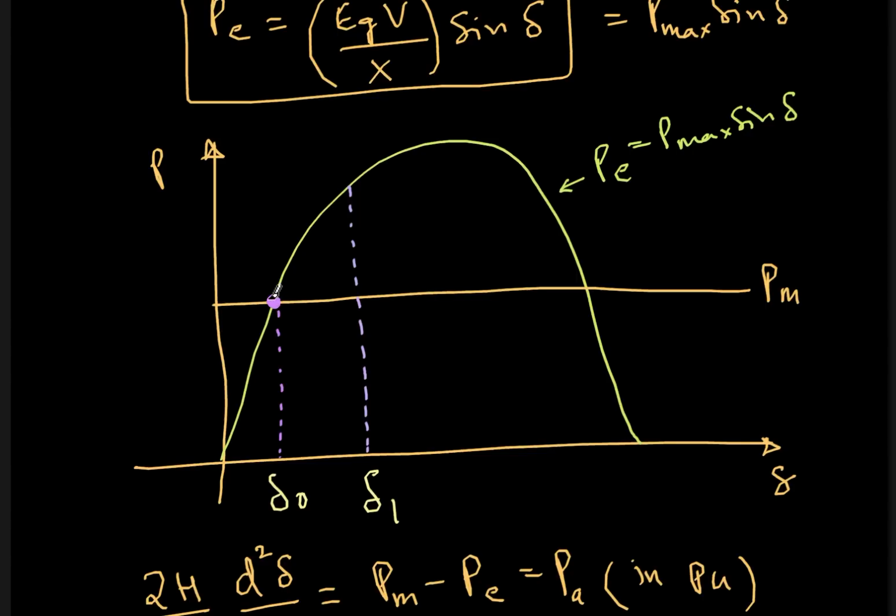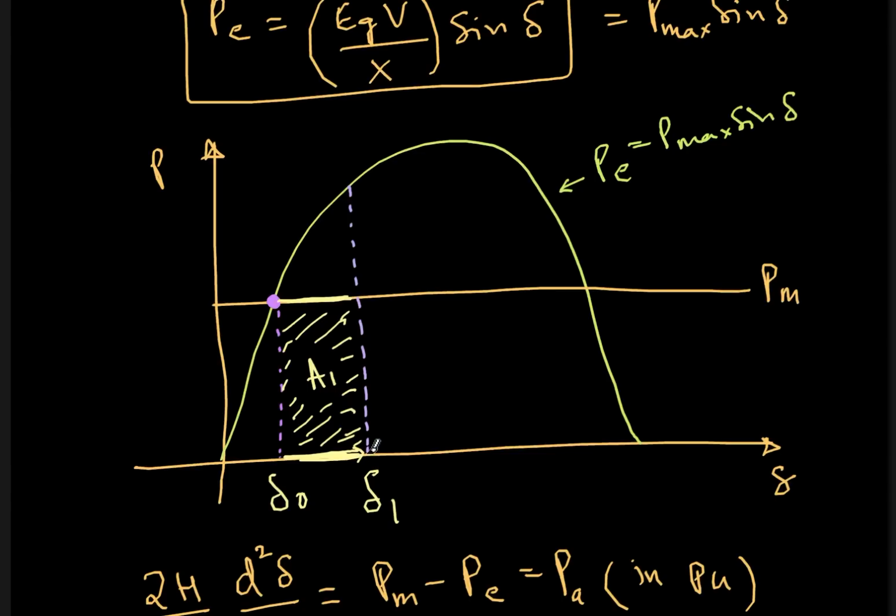At this point PM equal to PE, but after this, electrical power is the x-axis and mechanical power input is the y-axis. So this much variation is there. This much power is being submitted to the rotor. Therefore this area A1 is proportional to the total energy. So this is accelerating energy. The rotor is accelerating, that's why I am increasing from delta 0 to delta 1.